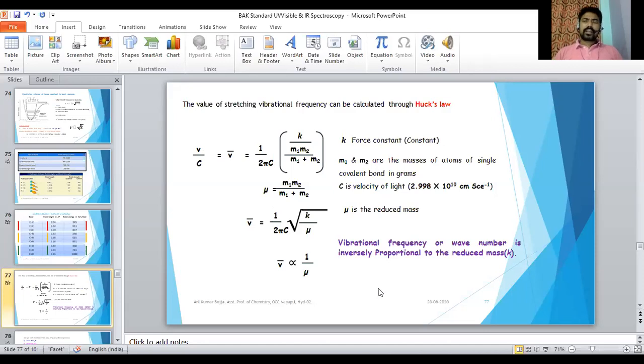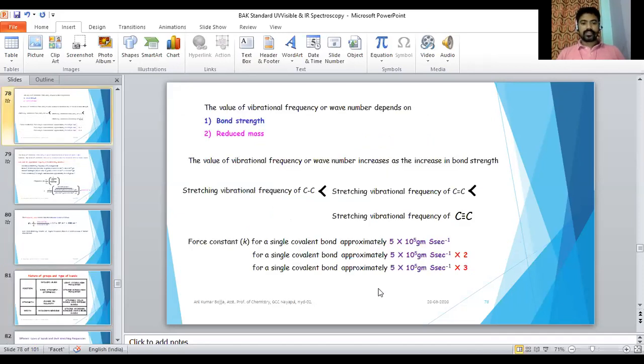So we can calculate the amount of energy required for the vibration of a covalent bond between two atoms in vibrational frequency values, or in wave number value, or even convert that into wavelength values, lambda values. These are the points we learned in the previous class.